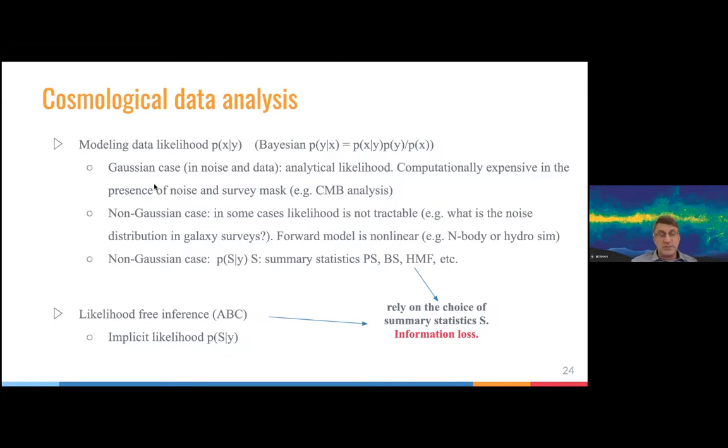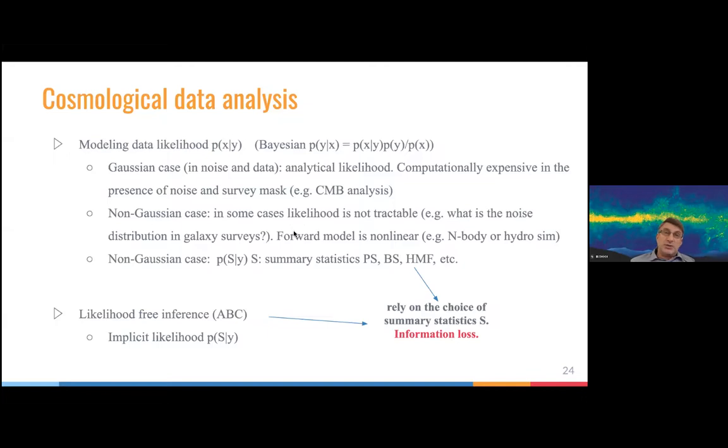So there are approximations that need to be made even in the Gaussian case where we know how to write down the likelihood. In the non-Gaussian situation, we don't even know how to write down the likelihood, we maybe don't even know how to write down the noise model in some cases, like what is the noise of a galaxy, and so on.